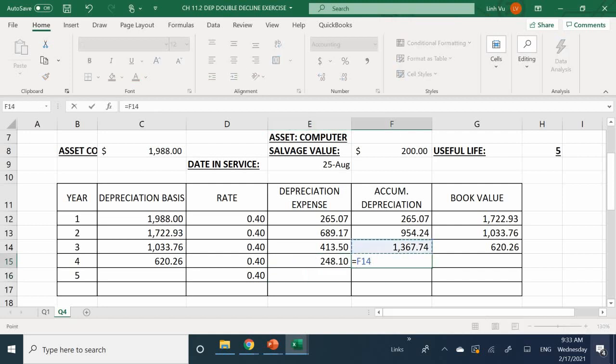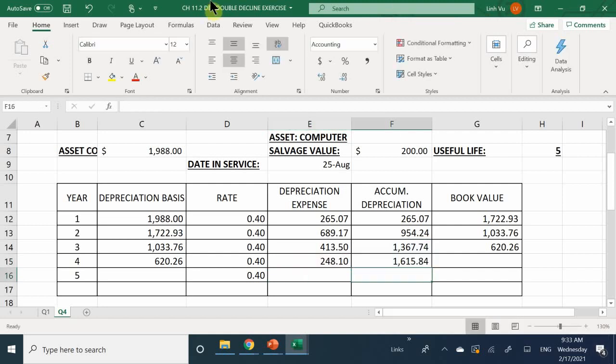All right, bringing my accumulated depreciation to be 1615.84. So then what is my new book value as of year 4? 372.16. So let's take a look at this. What's my salvage value? 200. So can we keep going?